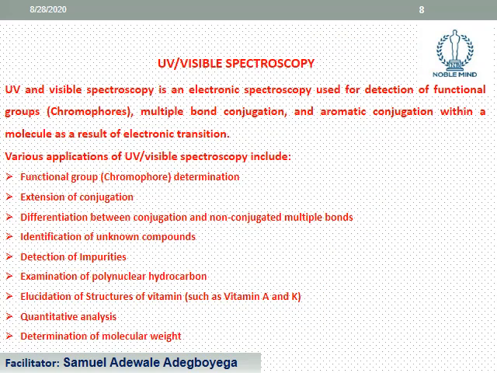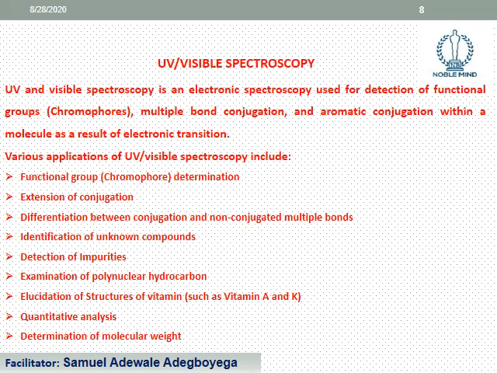Let's go straight to UV visible spectroscopy. UV and visible, now we have combined two regions. It is an electronic spectroscopy which is used for detection of functional groups.